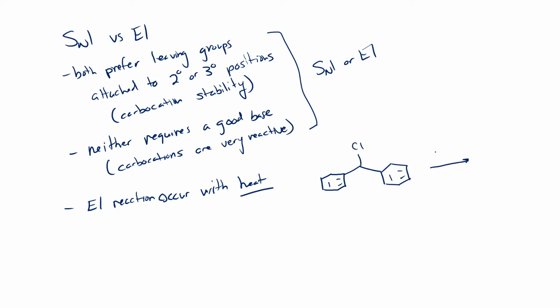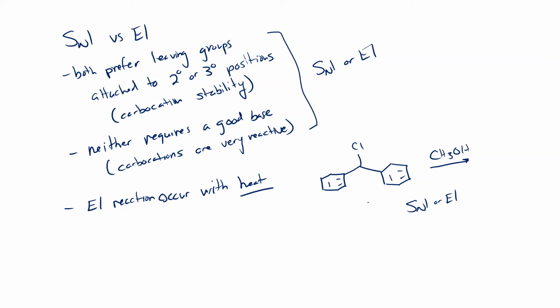So in this case, we'll just use methanol, right? So we have a leaving group, secondary position, it's got resonance stabilization. So this would be a stable cation. We have a poor nucleophile, a poor base in methanol, right? Neutral oxygen is a poor base, it's a poor nucleophile. And so this would be an SN1 or E1 process.